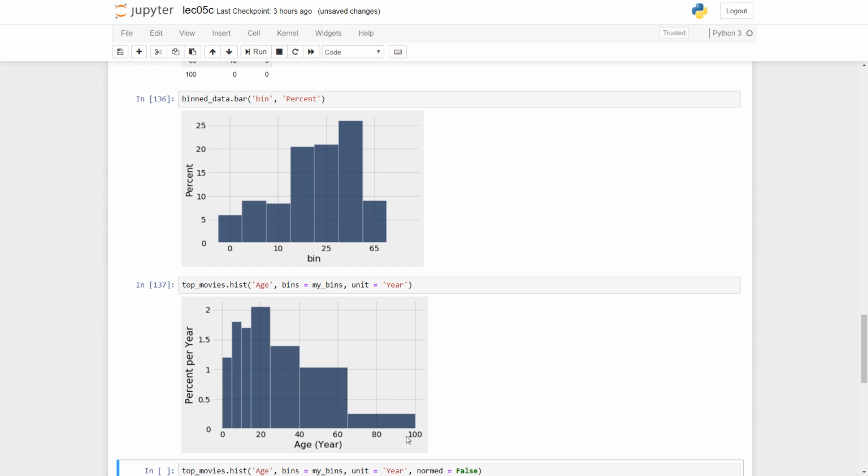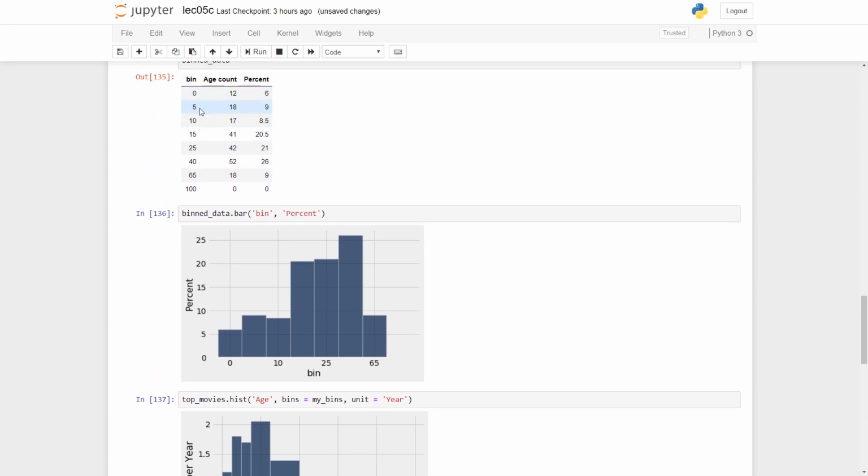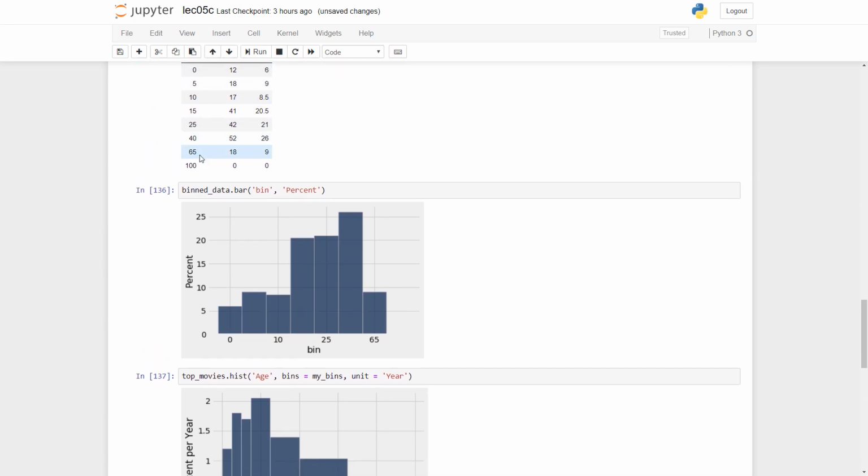Yes, that's the size of the bin. That's the size of the range, right? So this bin, remember, it goes from 0 to 5, right? Yes. Okay, so the length, the size, the width of it is just 5. The next one is also 5, 5 to 10, 10 to 15, and then 15 to 25, right?